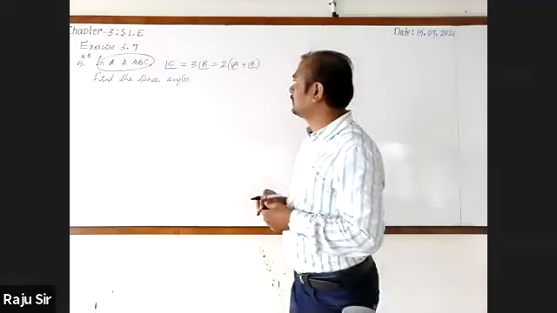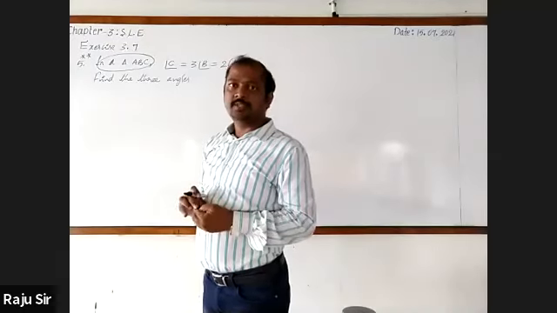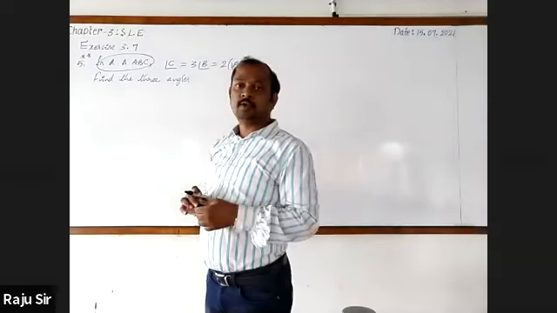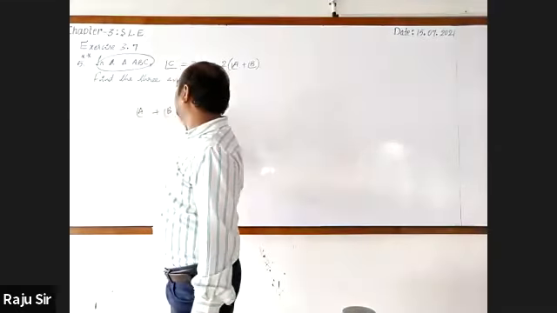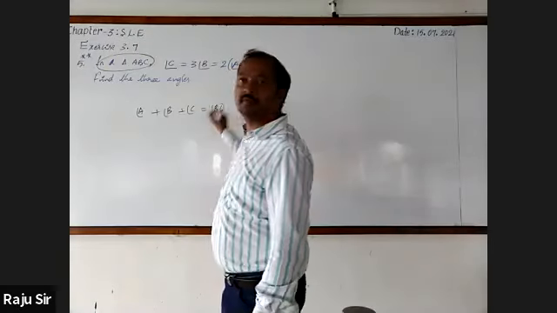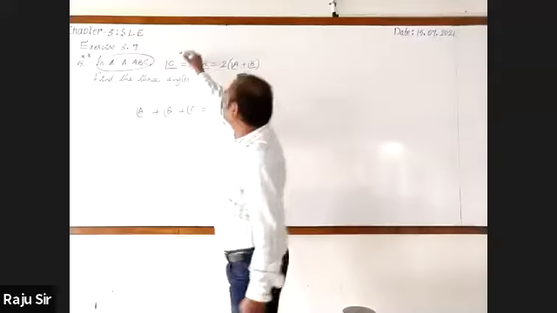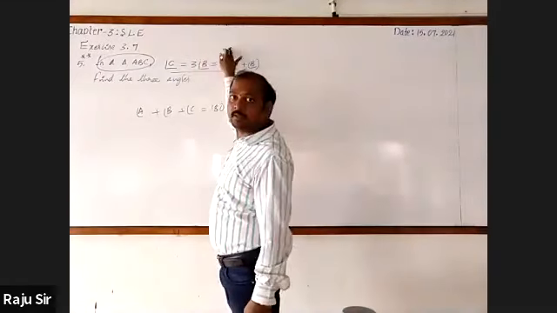Observe it. Here the triangle is ABC. Hence the angles will be A, B and C. It will be angle A plus angle B plus angle C is equal to 180 degree. Right? And here a statement in which angles are given in comparison.